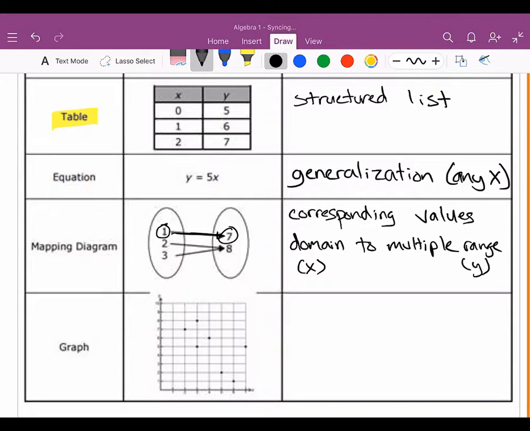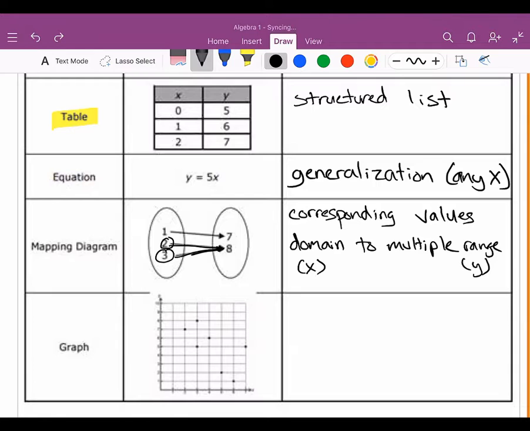1 maps to 7. So every time you put the x of 1, it gives you a value of 7. Okay, but that's not all it does. Say you went to 2, let's just erase that. So if you start at 2, you're mapped to 8 as well. You start at 2, your destination would be 8. If you start at 3, your destination would be 8 as well, right?